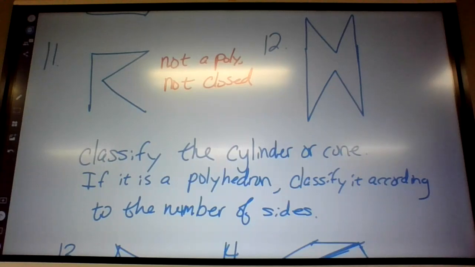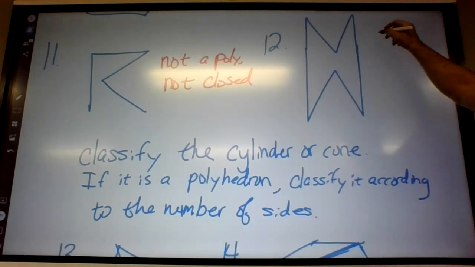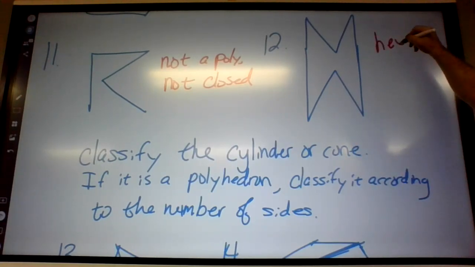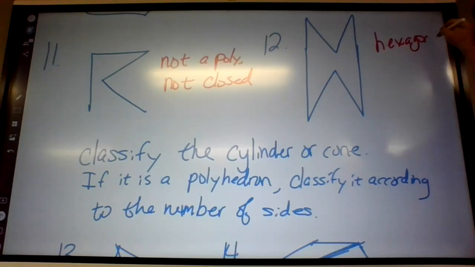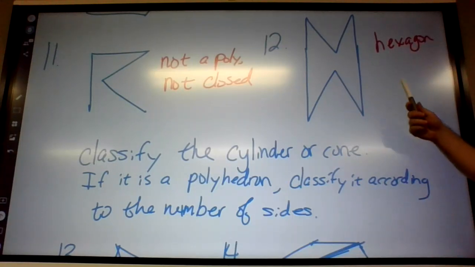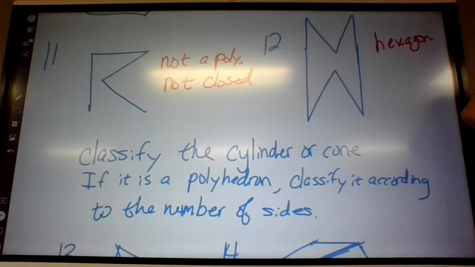Yeah, I shouldn't have done that, but it's the same as number 9, hexagon. Now, ironically, hexagon is not on the test, but there's one off your list. Hopefully now you know hexagon is 6. Maybe it's in the other section though, the polyhedron section.